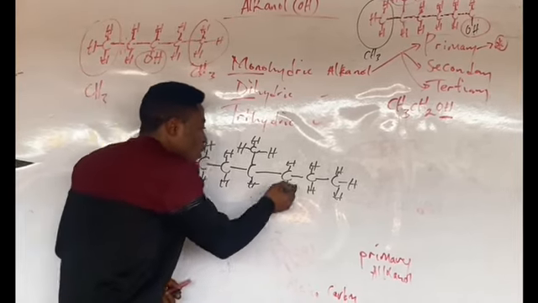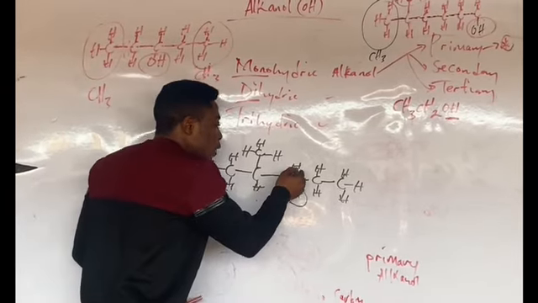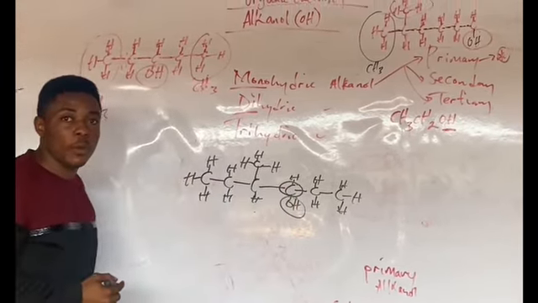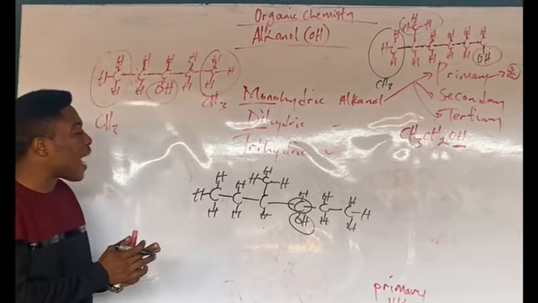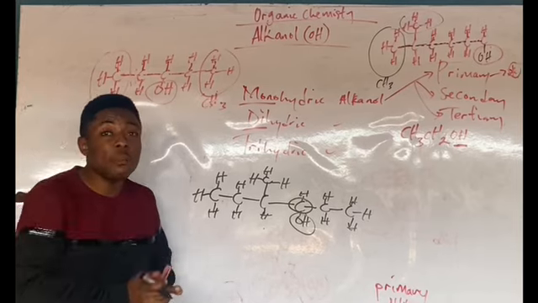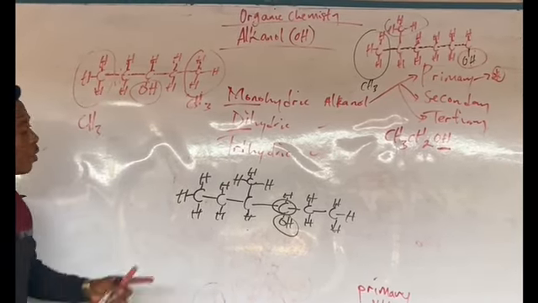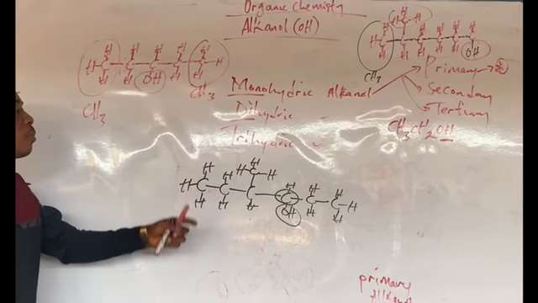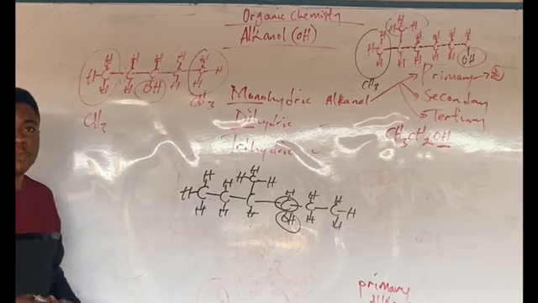Of course, this is the functional group, the hydroxy, and this is the alpha carbon. So, the alpha carbon has direct link to how many methyl groups? Consider this example and tell me, is it primary, secondary, or tertiary?